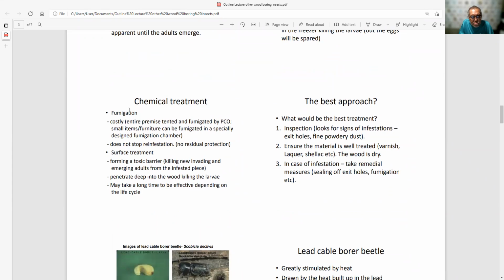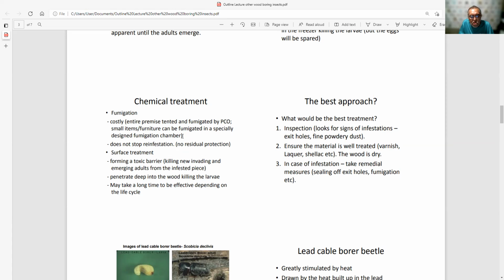Chemical treatment is through fumigation, but it's costly, of course. The entire premise is tented and fumigated by a PCO. This is just like treating termites in infested homes, like we have discussed earlier. Small items, furniture can be fumigated in a specially designed fumigation chamber. Again, this is not worth it, especially when we talk in terms of economy of scale.